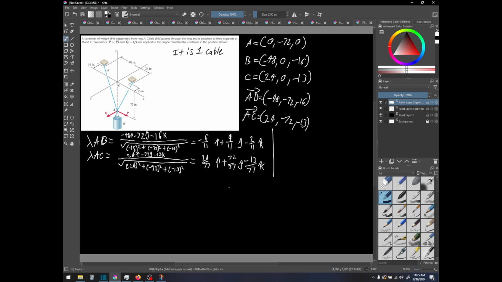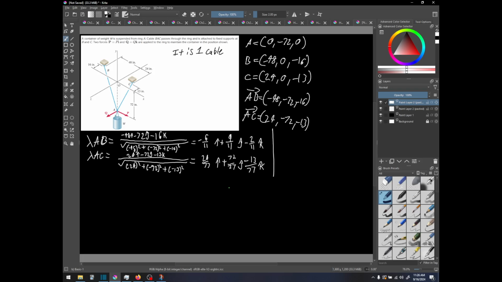Okay, now that we have that, I would say we can probably go to x and y variables now. We'd have to recognize first, however, that we set the tensions.